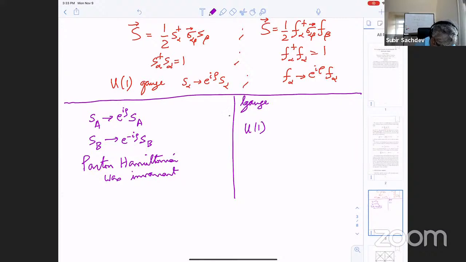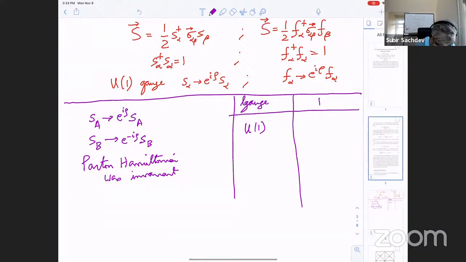And here I'm going to write out the phase. What is the phase that you obtain? Well, this is in fact the first case we met, but it turns out to be the more subtle one.